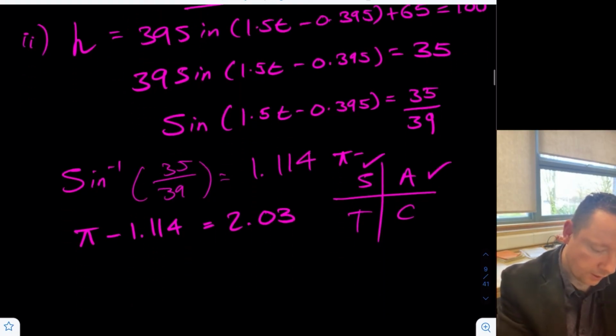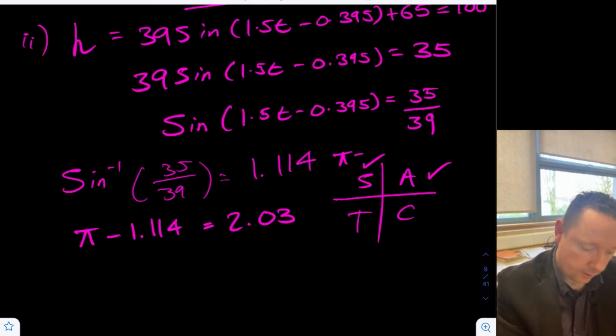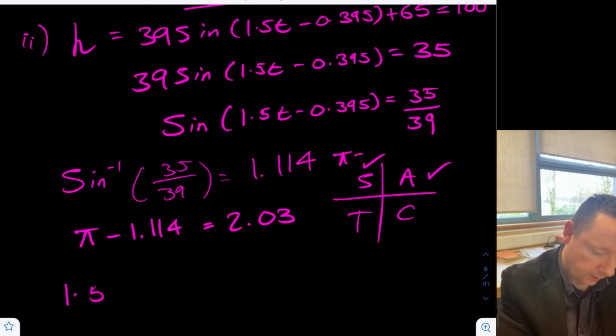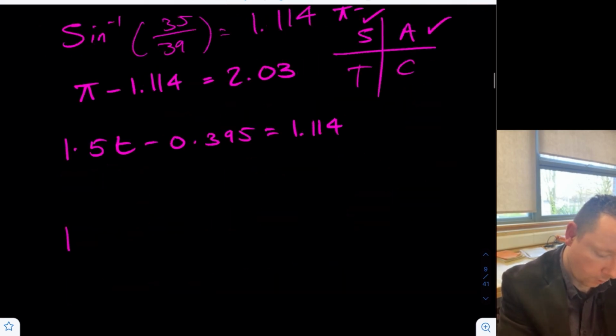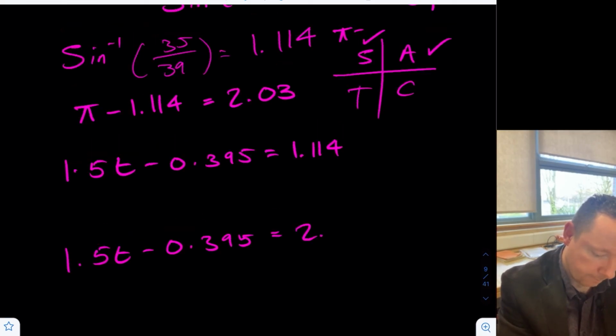So that means we can say that the whole of this equals that, and the whole of this equals that, and solve for t. So 1.5t minus 0.395 equals 1.114, and 1.5t minus 0.395 equals 2.03.